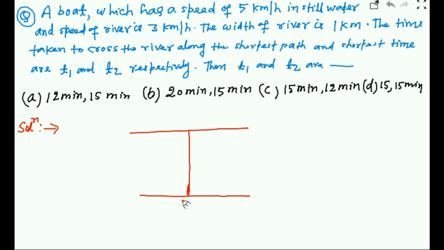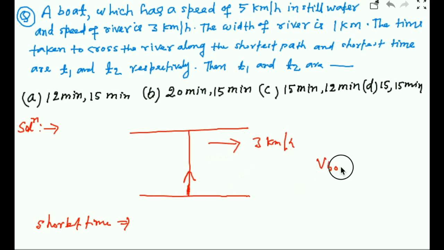Okay. So for the shortest time, the boat should go exactly perpendicular to the direction of the river. The river is flowing in this direction, which is given as 3 km per hour, and the speed of the boat is given as 5 km per hour.